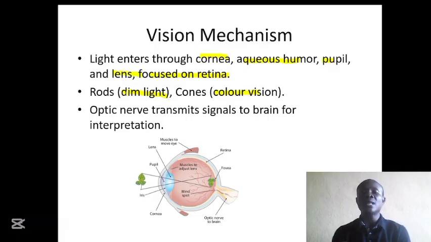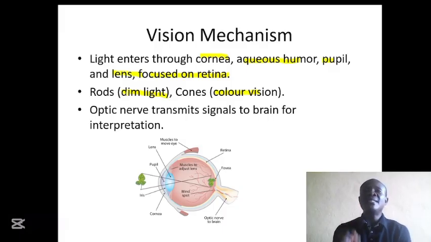These rods and cones convert the light wave into electrical impulses, because it is only electrical impulses that the nerve cell will be able to transmit to the brain, and it is only electrical impulses that the brain can interpret, not light waves. So the light wave will be converted into electrical impulses by the rod cells and cone cells.